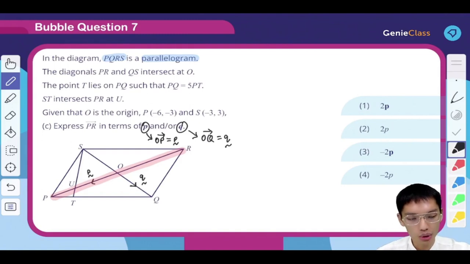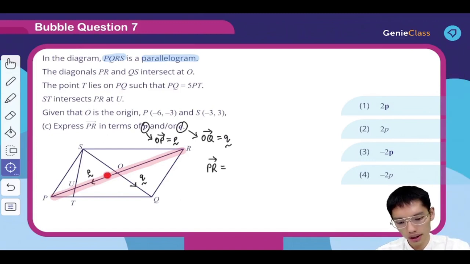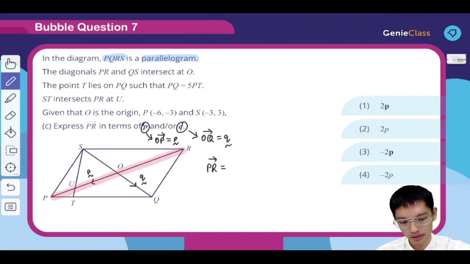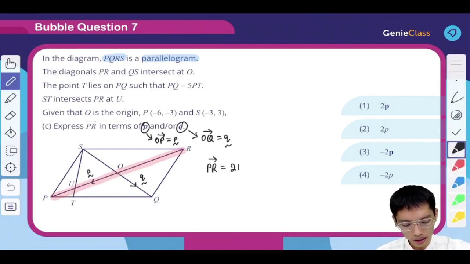And henceforth, if I shift this around, PR is actually 2 times negative P, multiplied by -1 because it goes in the other direction.